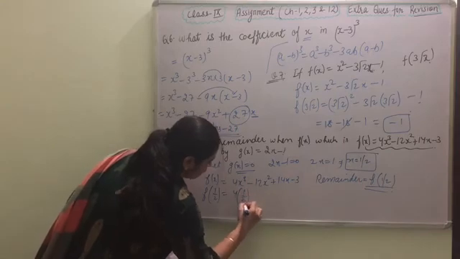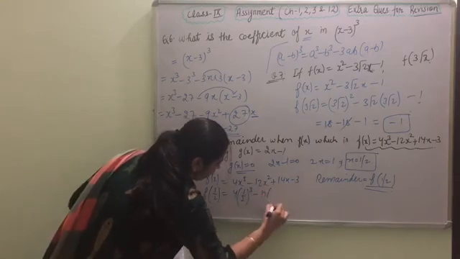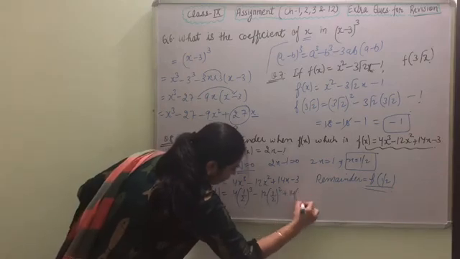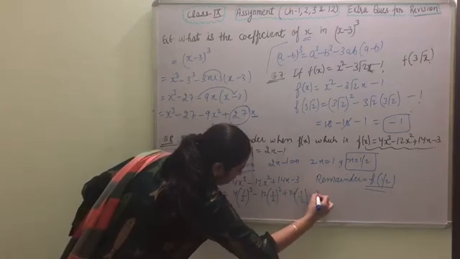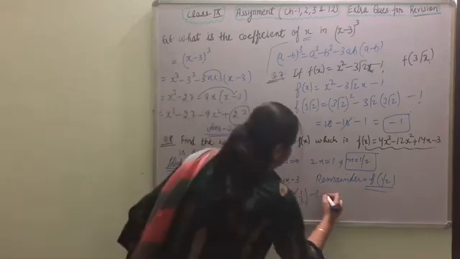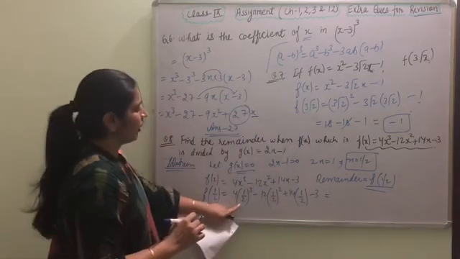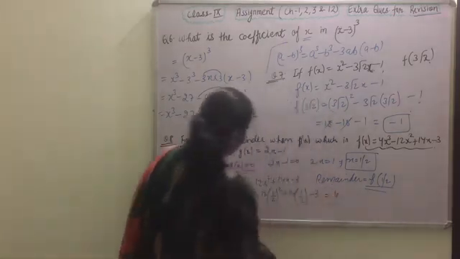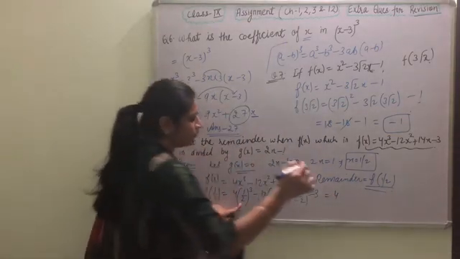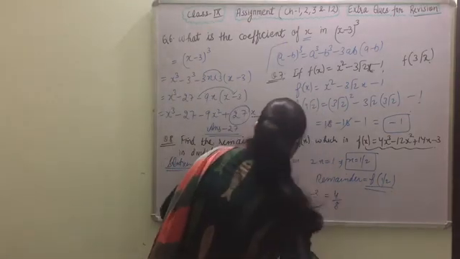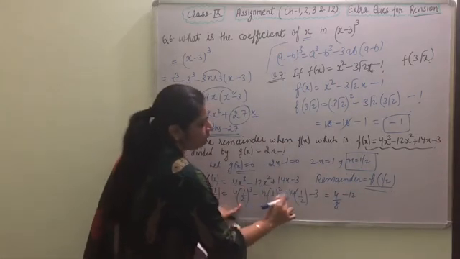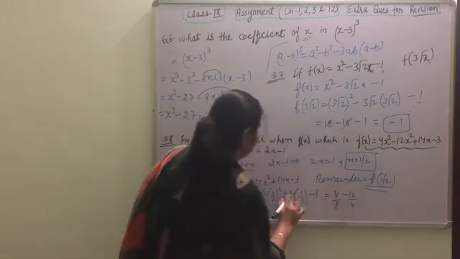In place of x, we are writing here 1 by 2. x cube means 1 by 2 whole cube, x square is 1 by 2 whole square, 14 into x is 14 into 1 by 2, minus 3. Here I am doing the simplification. 1 by 2 cube gives us 1 by 8, since 2 cube is 2 2s are 4, 2 4s are 8. So 4 by 8. Second term, 1 by 2 square, 2 2s are 4, so 12 by 4.